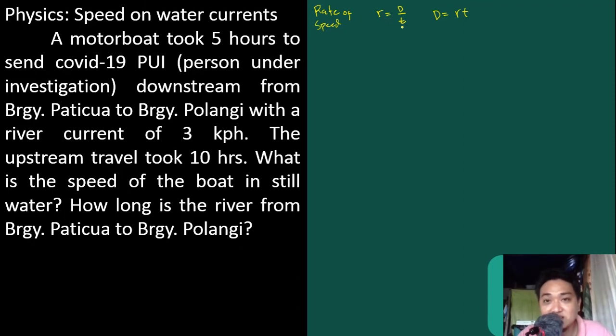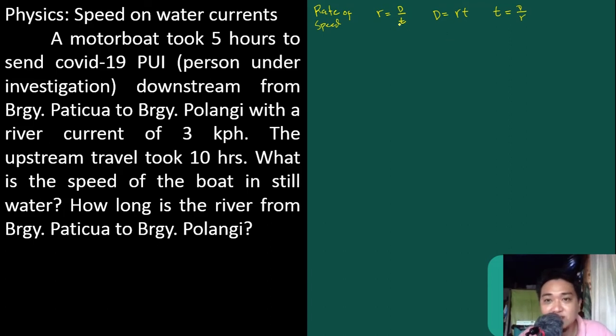So magiging katabi ni R si T. So we have D is equivalent to, or the distance is equivalent to rate times time. And this, in the same manner, pagka naman dinivide natin to by R, both sides, in the same manner, T is equivalent to the distance divided by the rate. Ayan. Yan po yung topic natin about rate of speed na natutunan natin sa science.